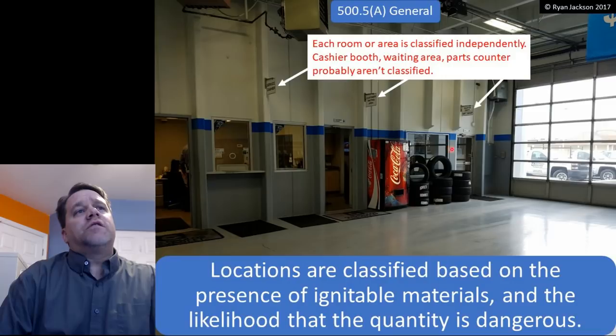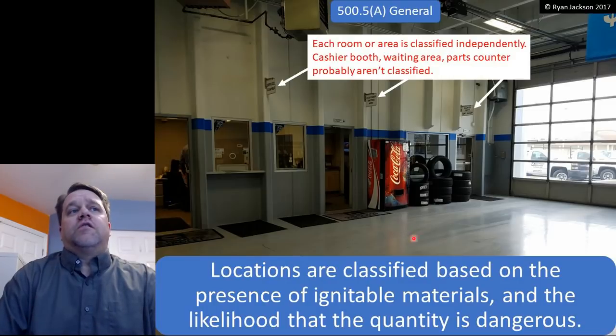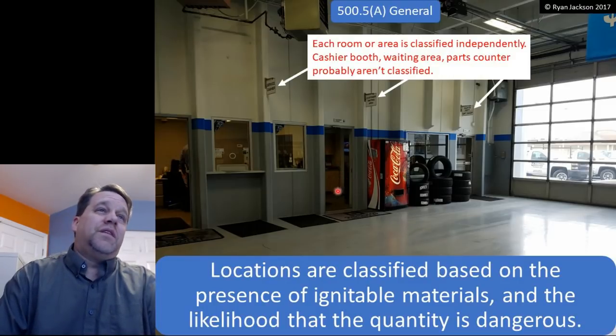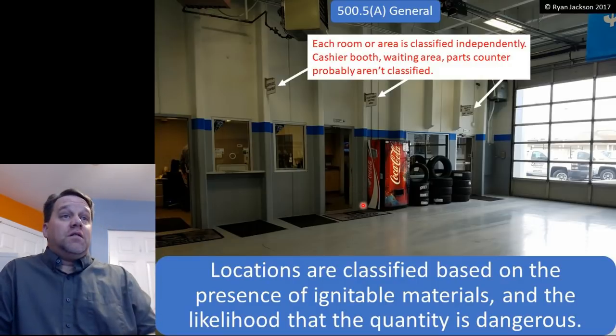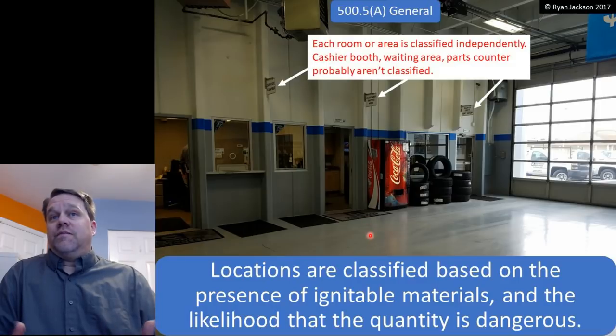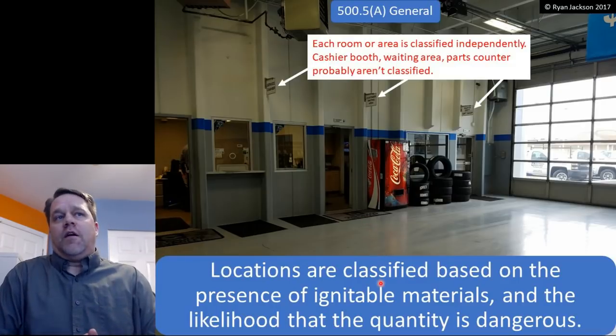Am I going to classify those 3 rooms? Probably not. We're going to classify areas based on the presence of the ignitable material. Do you really have a lot of gasoline vapor in the customer waiting area? I don't think so. If you did, you're probably not going to have customers, right? I mean, let's be honest. So you're probably not going to classify that area.